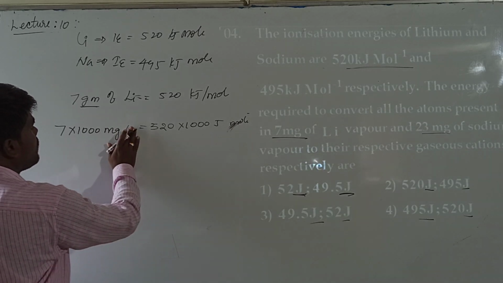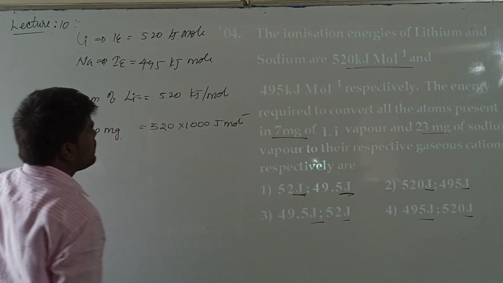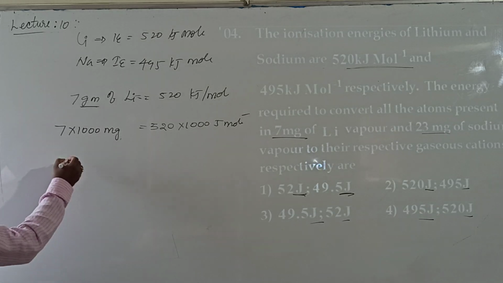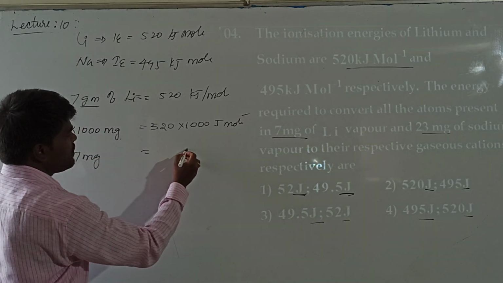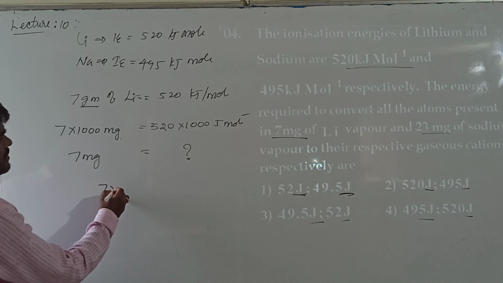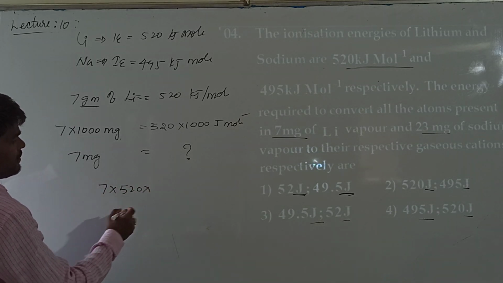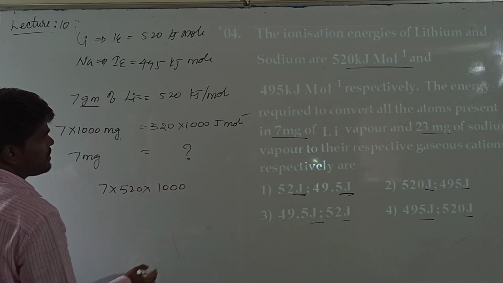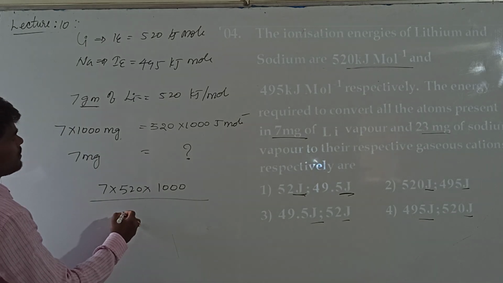So here it will be per mole. Now what is being asked? 7 milligrams of lithium will require how many joules of energy? The simple cross multiplication. What is this? 7 into 520,000 upon what is this?